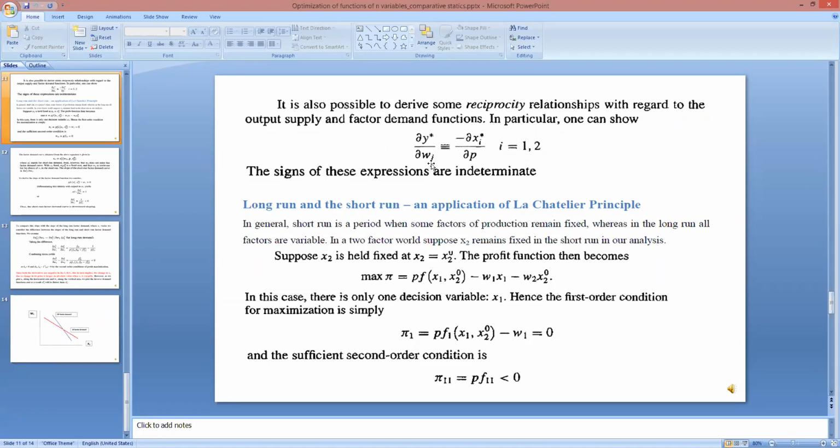Number 2, del y star by del w2 is equal to minus del x2 star by del p.